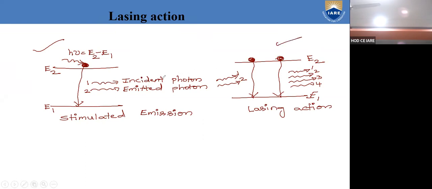In the second figure, what is happening? These two photons, 1 and 2, are the photons emitted during this de-excitation. Now what are these two photons doing? Can anyone tell me what is happening in the second figure?